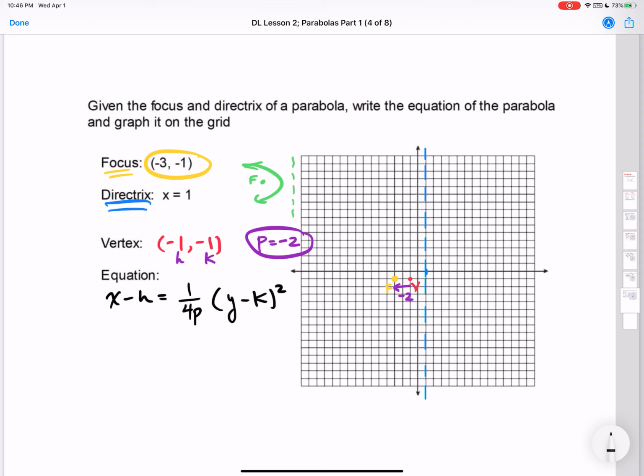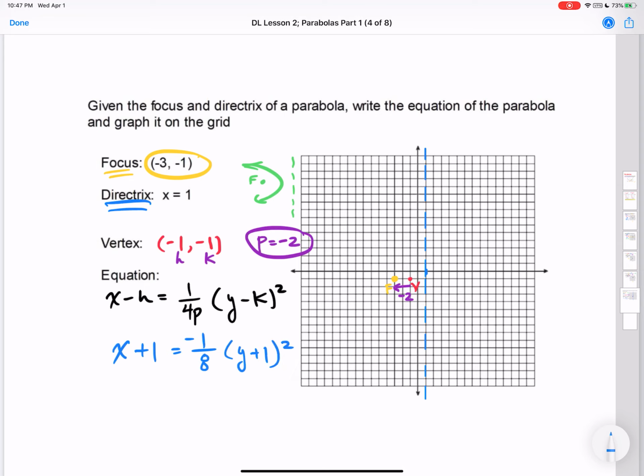So I'm going to substitute everything in. We know that h is -1, k is -1, so that makes things a lot easier. x minus -1 means +1 is equal to 1 over 4 times -2, so that's -8. I'll throw the negative sign in the numerator. y minus -1 means +1, and then we have our squared.